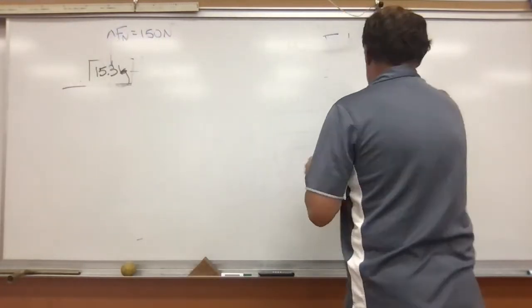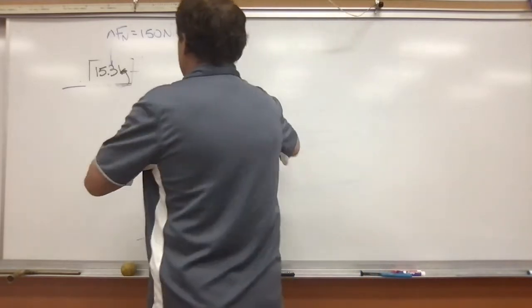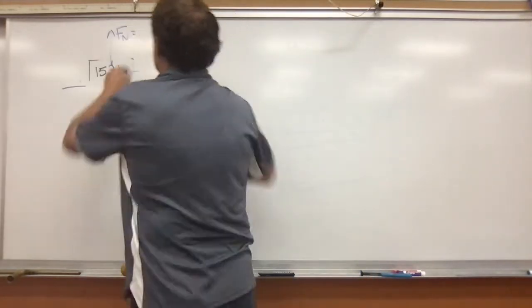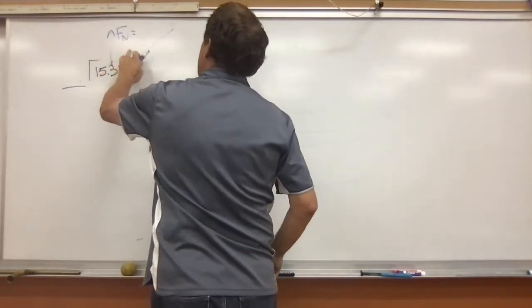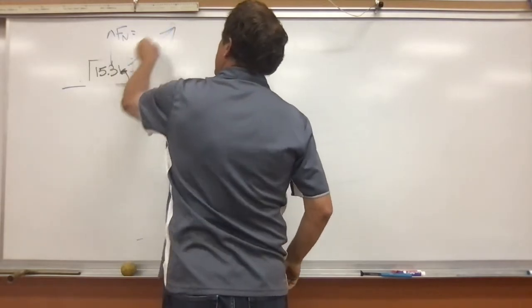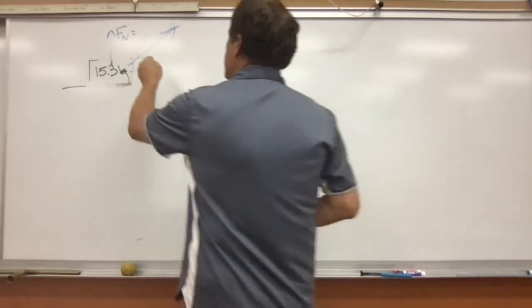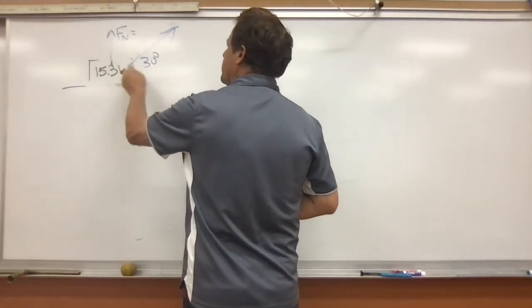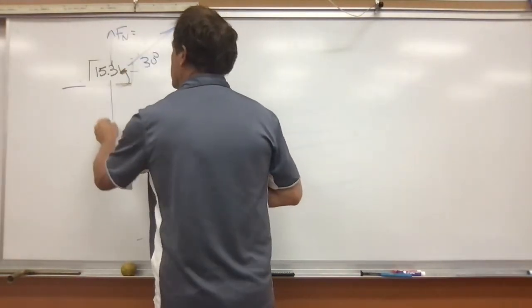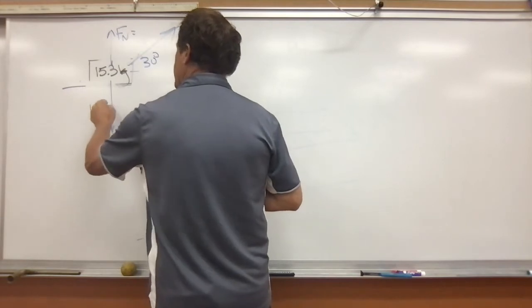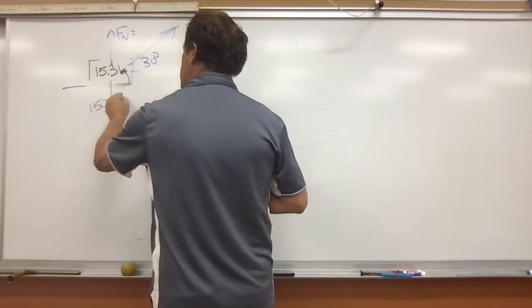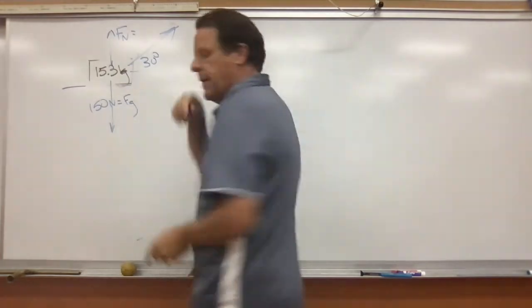Now we're going to have this force that is still 75, but now it is 30 degrees above the horizontal, okay? So we're still going to have 150 newtons equal to the force of gravity.